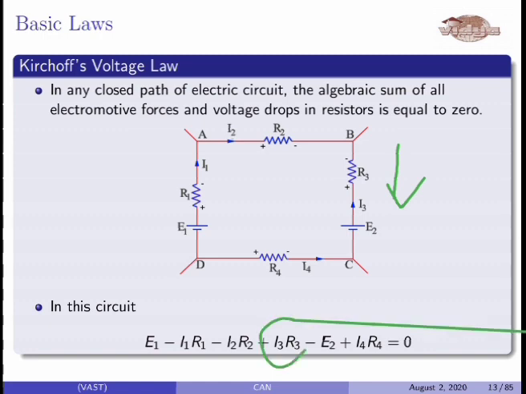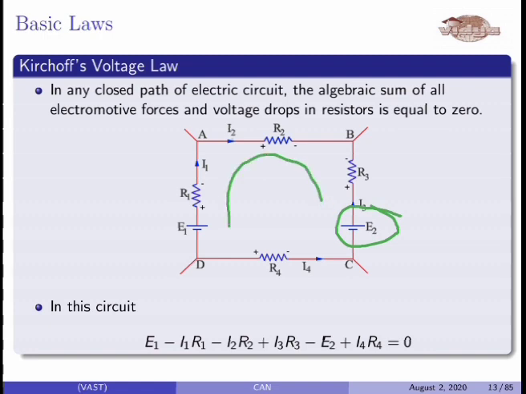That's why I3R3 is positive. And again here another source is there, and if you travel in this direction, the voltage is dropping. That's why E2 is taken as minus E2.